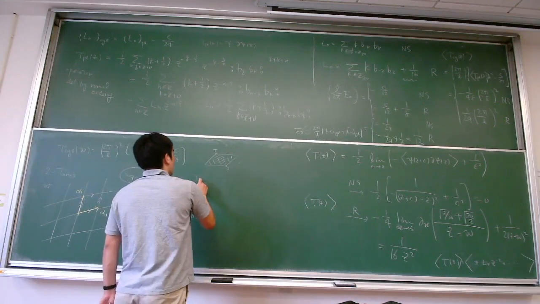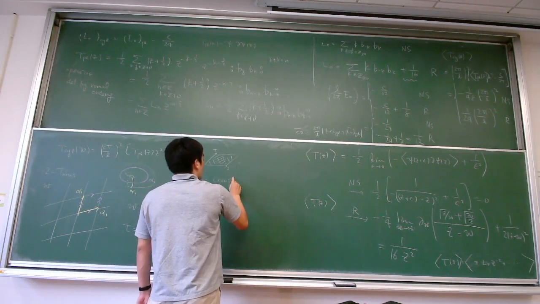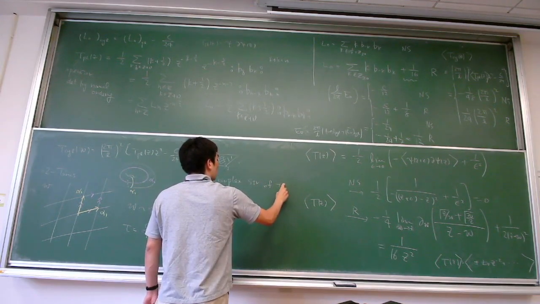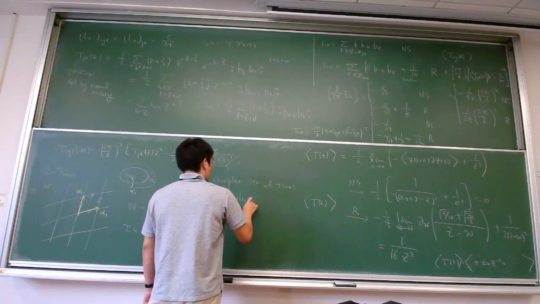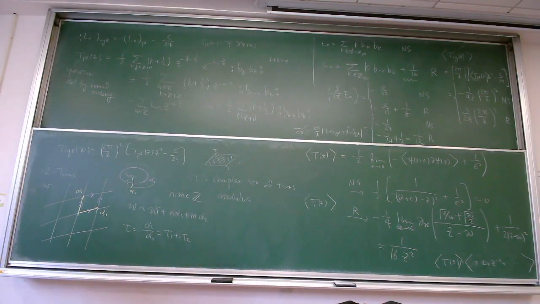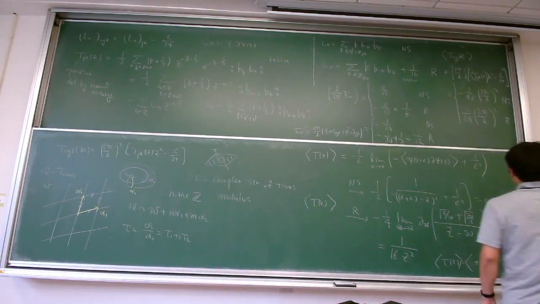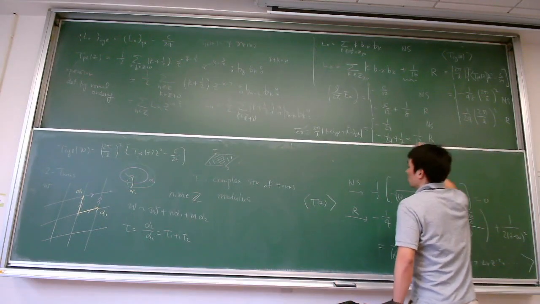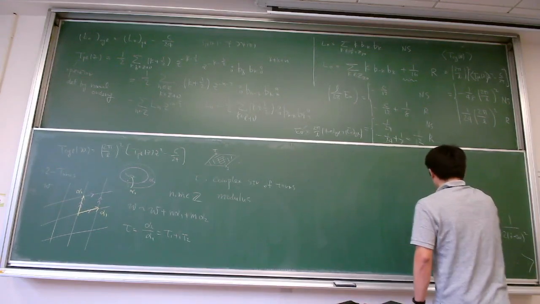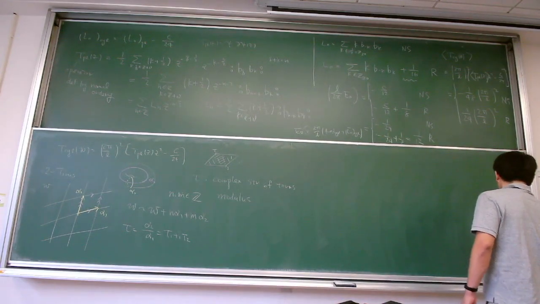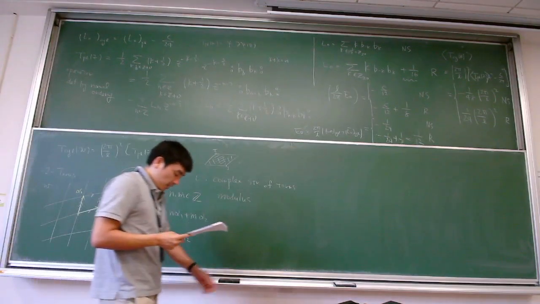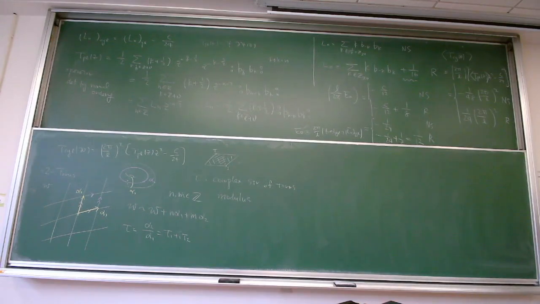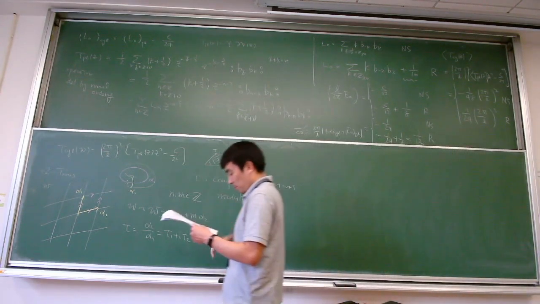This tau is called the complex structure of the torus, or sometimes it's called the modulus, which defines the shape of the torus.